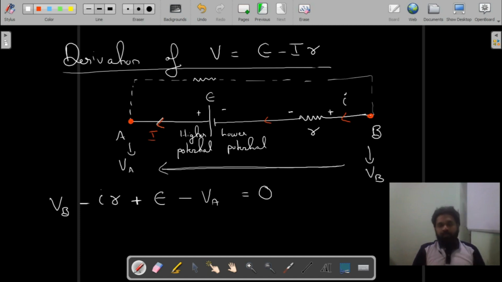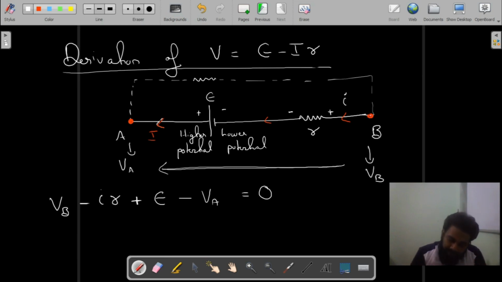Whatever potential is there across all the elements, if we put in the correct sign, everything will become 0, because whatever potential is there from the battery will be divided across the resistance. So the sum of all the potentials of a loop will become 0.